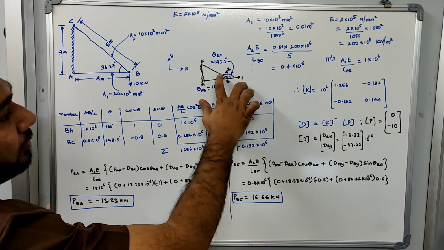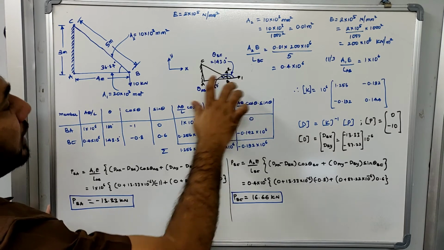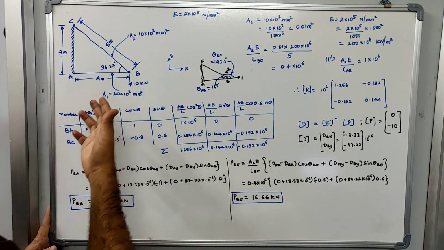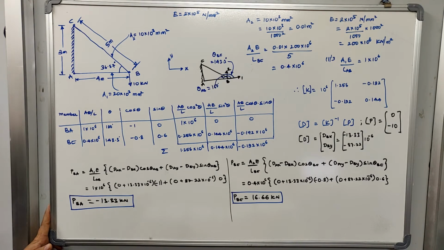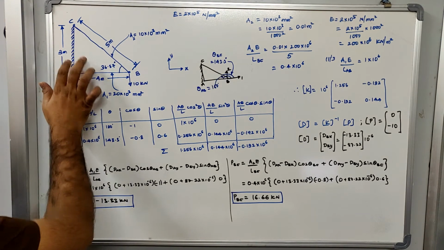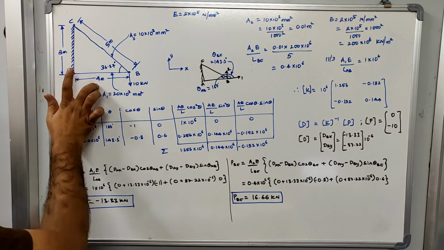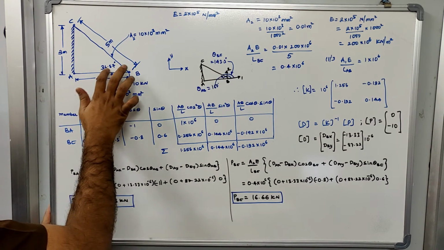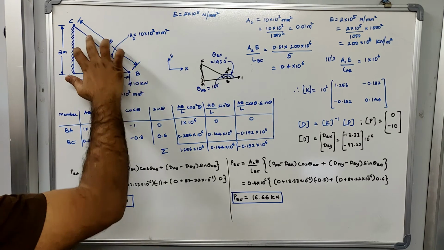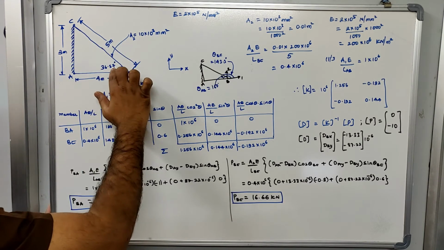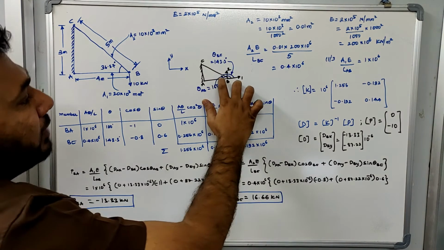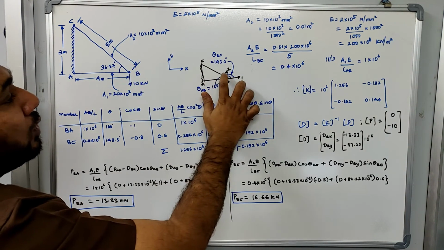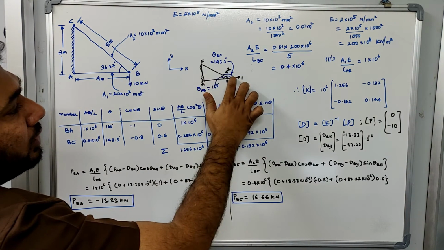To solve it, we must know the interior angle, which can be found using tan of theta. Tan of theta equals opposite by adjacent. Opposite is 3 and adjacent is 4. If you solve tan inverse of 3 by 4, you will get the theta value, which is the internal angle between members BA and BC. Once you solve this, 180 degrees minus this value will give you this theta.